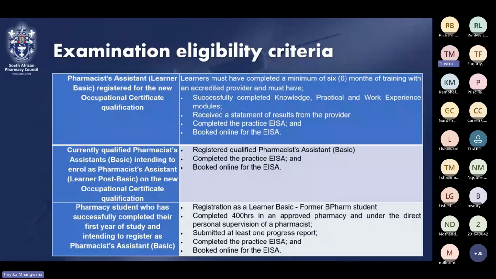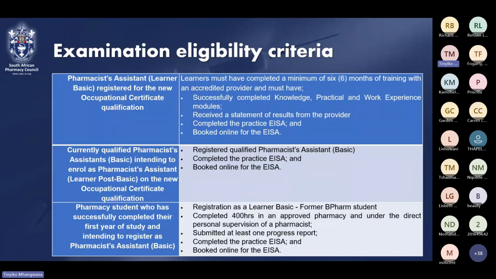They also need to have received, after completing the 3 modules, a statement of result from the provider or the institution they are registered with for this new qualification. There is also a practice exam which you need to write before you write the actual EISA exam. So it's a mini EISA exam. The questions will not be the same, but they will be very similar, with the same format and everything.